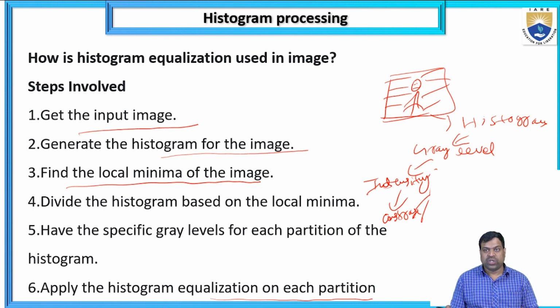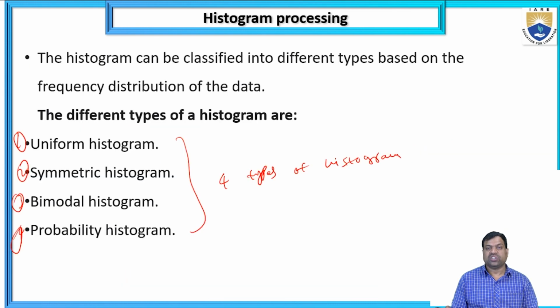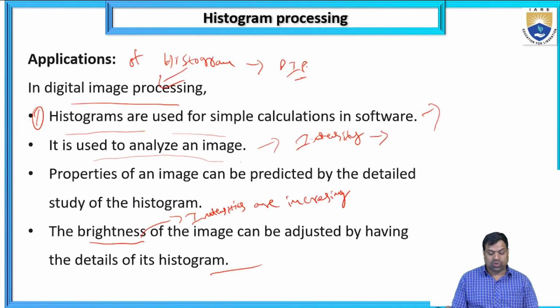Divide the histogram based on the local minima, assign specific gray levels for each partition of the histogram, and apply histogram equalization to each partition. Histograms can be classified into four types: uniform histogram, symmetric histogram, bimodal histogram, and probability histogram.